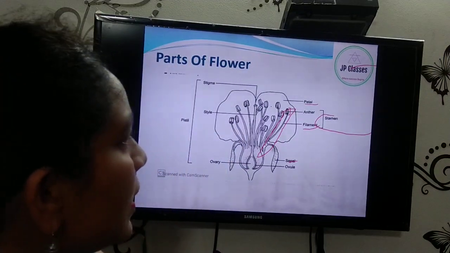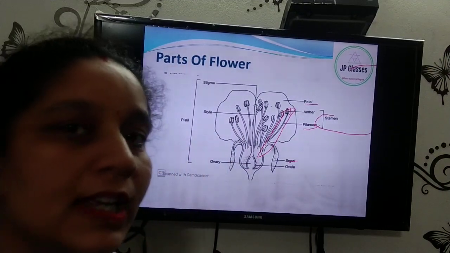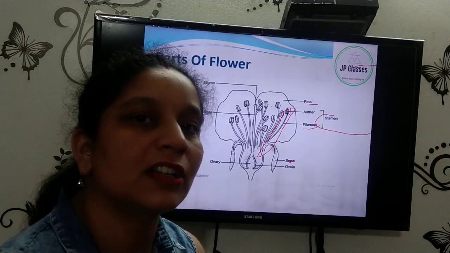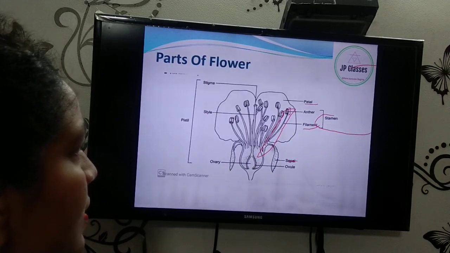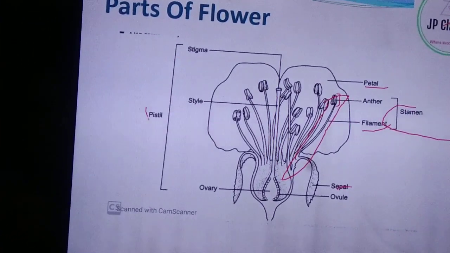Now, moving to the innermost whorl, or we can say the female reproductive part of a flower, which comprises of a group of pistils, which are also known as the carpels.